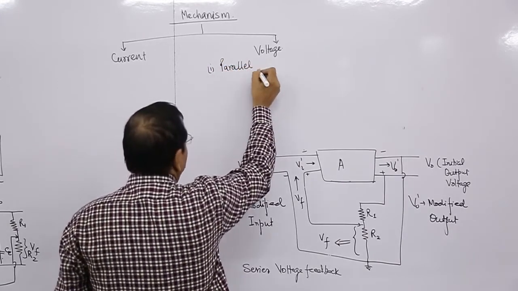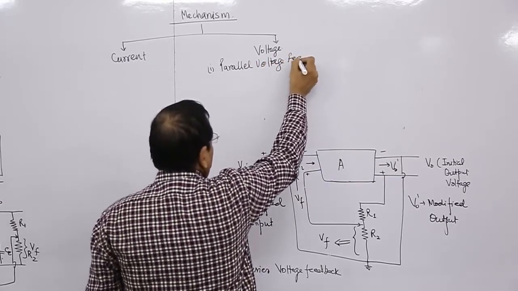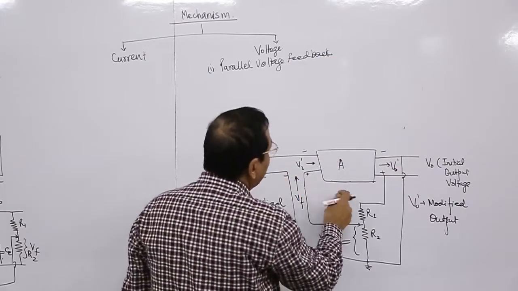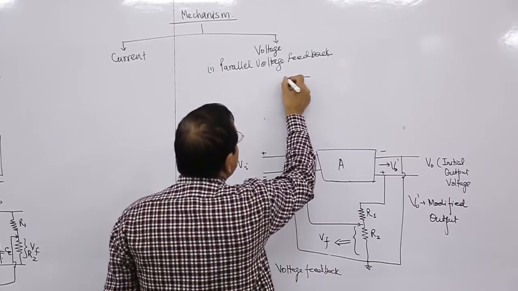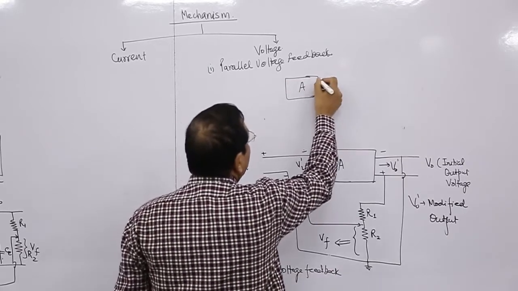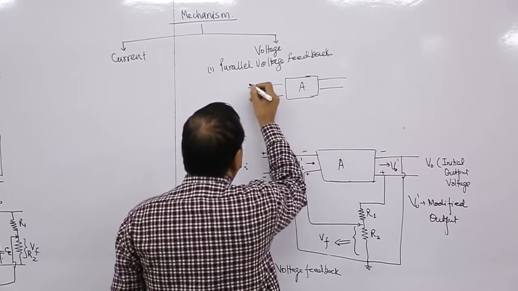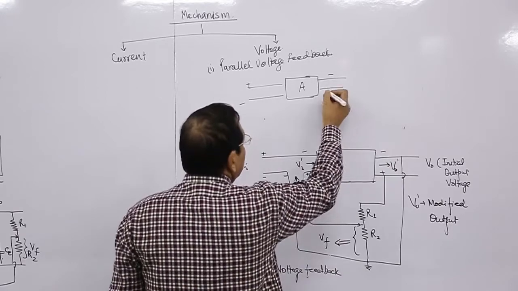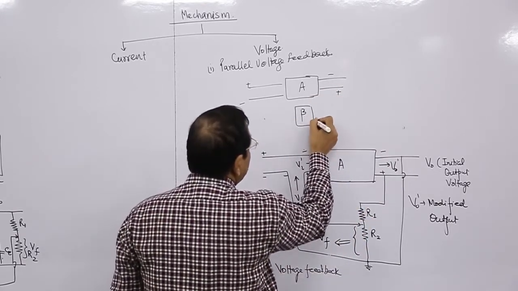If we want to express parallel voltage feedback, then what we have to do, this is A, here it is the voltage. So this is plus minus, here it is minus plus. The part of this network, that is the beta network, is here.